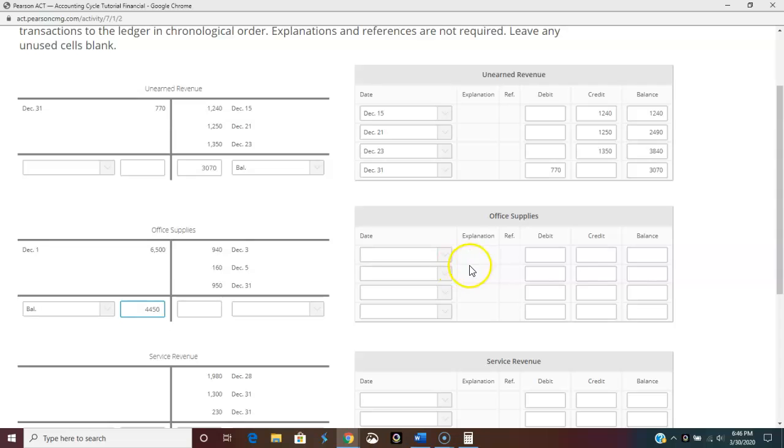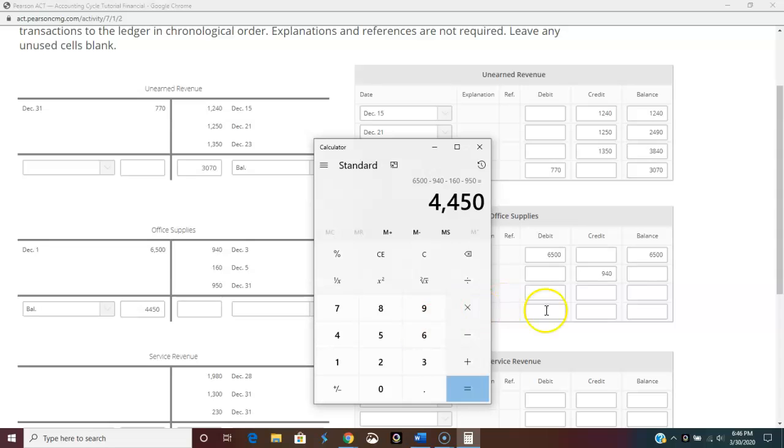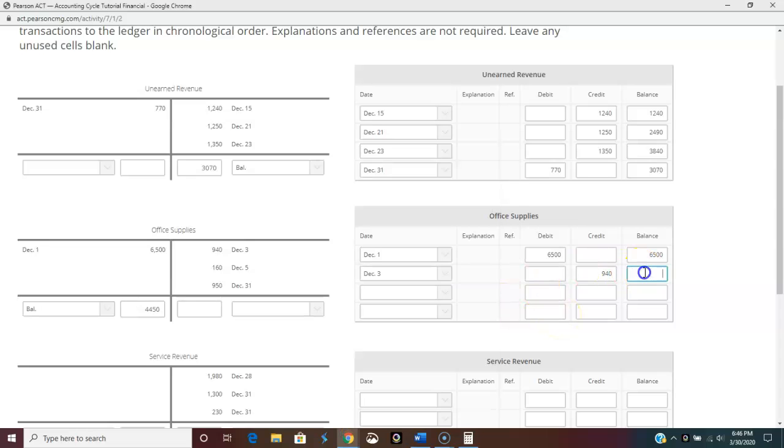Then over here, we're going to plug in the dates. December 1st, we had a debit of 6,500, so our balance is 6,500. Then on the 3rd, we have a credit of 940, so our balance is 6,500 minus 940, which is 5,560. I wish that would stay on the screen.